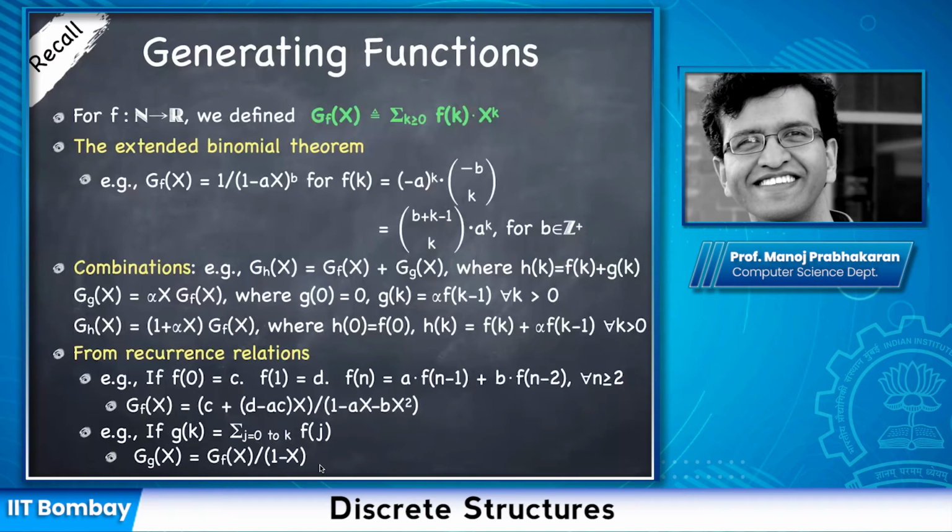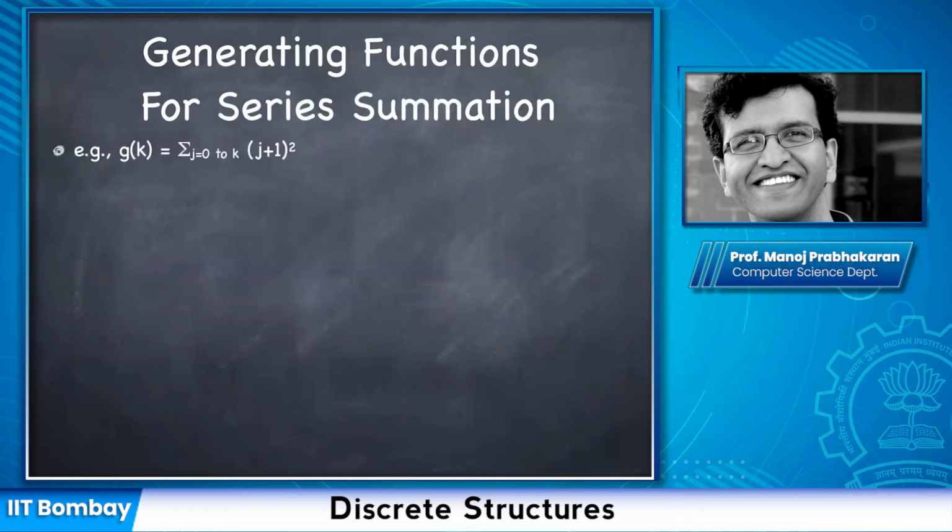Let me start with an example of this last type. So I define g_k as a sum of f_j, where f_j is (j plus 1) squared. Okay, so g_k is the sum of f_j, j equal to 0 to k. So this is simply the sum of the squares of the first k plus 1 integers.